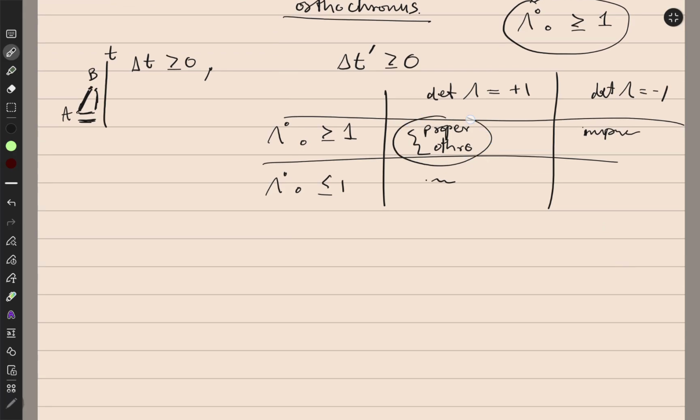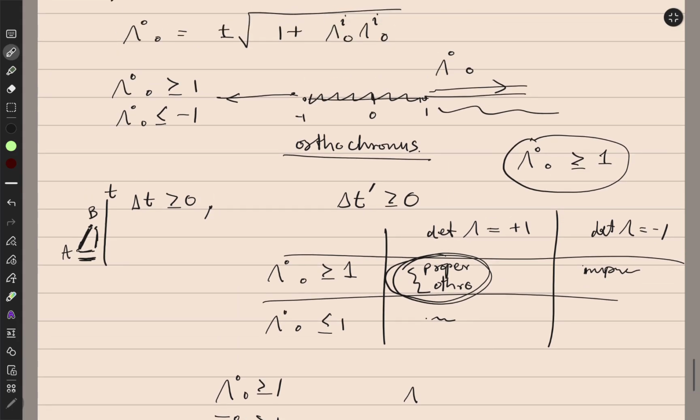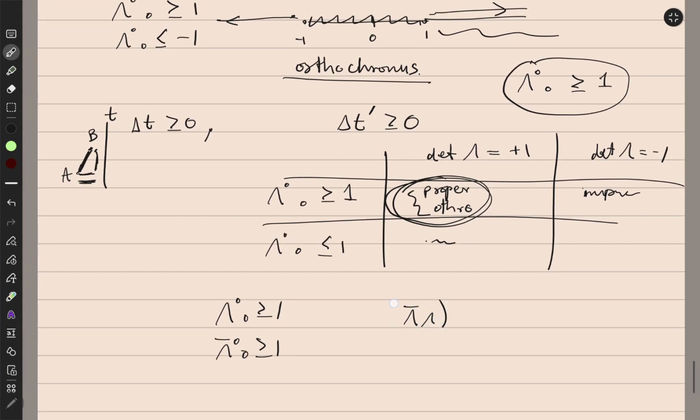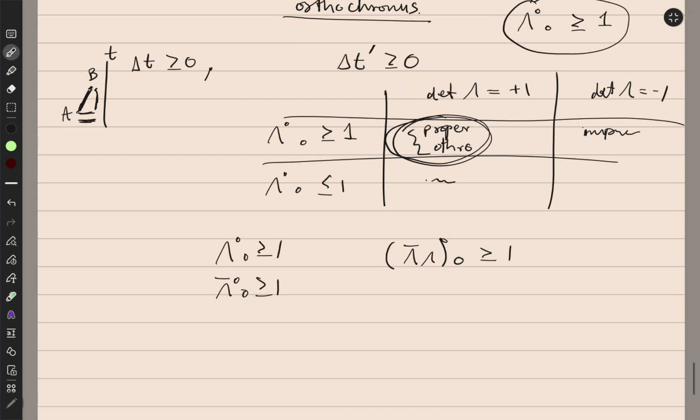So this one forms a group, and we have to show how it forms a group, because if, let's say, you have 2 Lorentz transformations, lambda and lambda bar once again, and the lambda 0 0 corresponding to the first transformation is greater than or equal to 1, and the one corresponding to the second one is also that, then because we know the composite one is lambda bar lambda, we have to show that the 0 0 component of this is also greater than or equal to 1, which can be done.